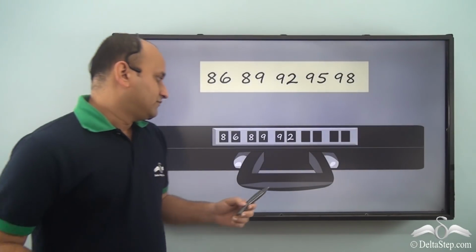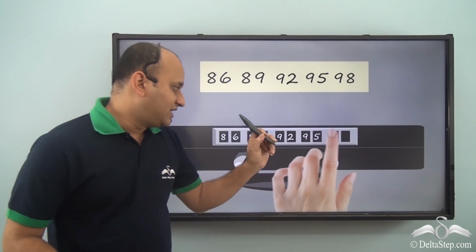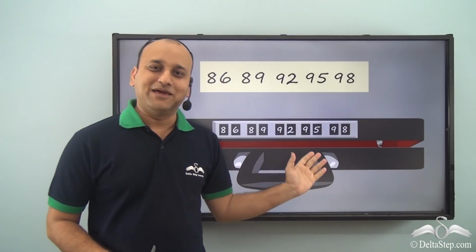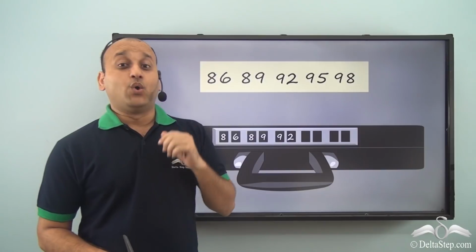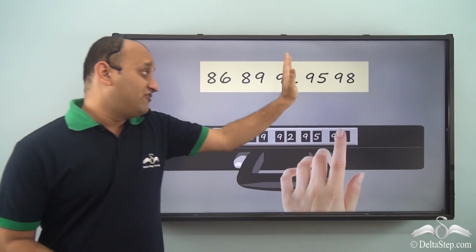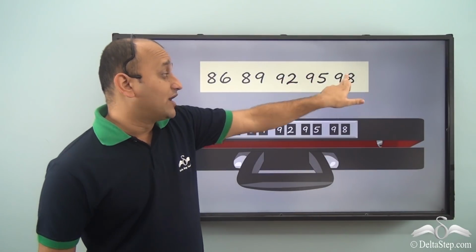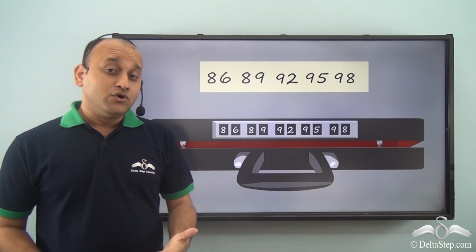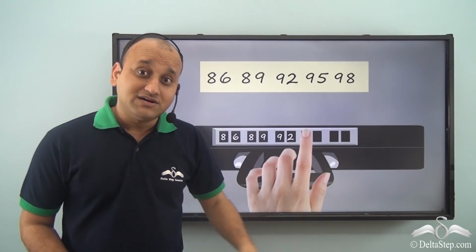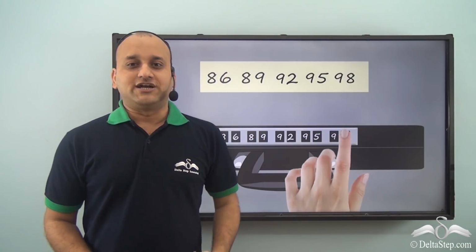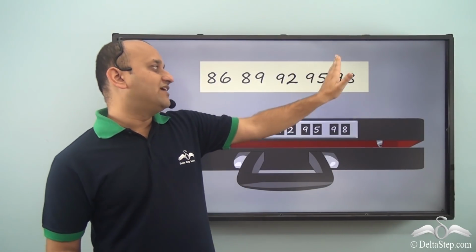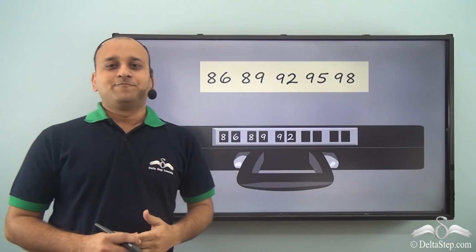So let's enter 95 and 98, and yes, we have been able to open this briefcase, which means that this series was in AP and we were able to guess the two unknown numbers because we knew that in AP the difference between consecutive numbers is always constant. So 86, 89, 92, 95 and 98 are in AP.